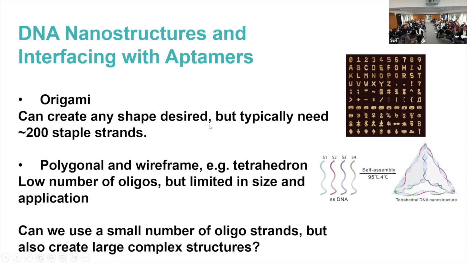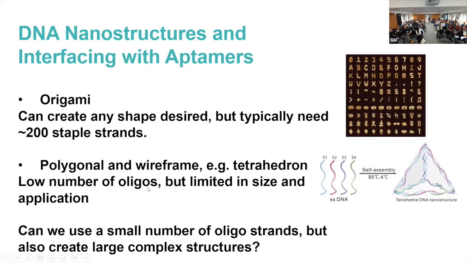So, of course, the Rothemund group, the classic paper from this must be over a decade ago now, of them being able to make any structure they would like. That extended up into 3 dimensions. One can build all sorts of things out of origami. So it's been amazing, but it has this limitation, particularly when you're thinking about applications of origami in translation, in drug delivery, and so on.